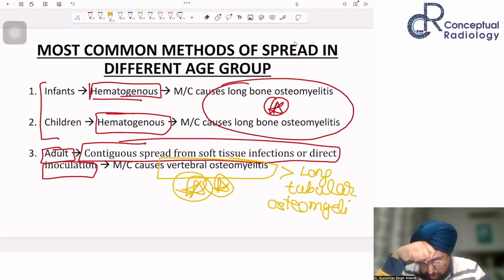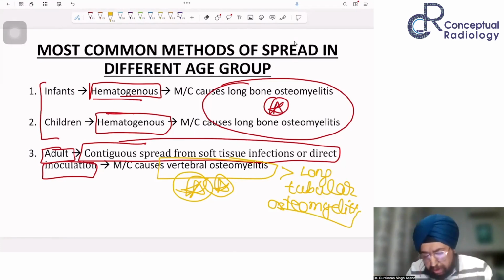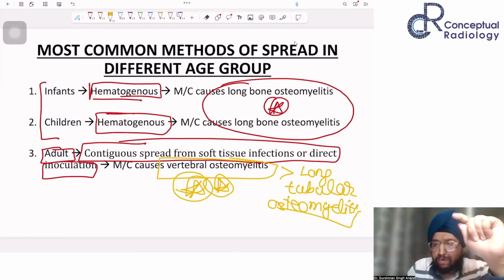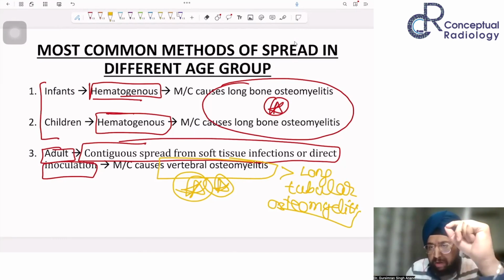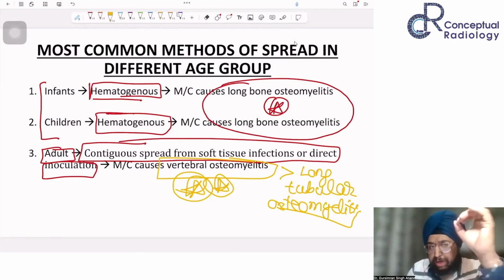In this class, we'll discuss the findings of osteomyelitis in the long tubular bones as well as in the vertebral bodies. Again, hematogenous spread is most common in infants and children, and in adults it is contiguous spread or direct inoculation. Long tubular bone osteomyelitis is more common in infants and children, while vertebral osteomyelitis is the most common osteomyelitis in adults.